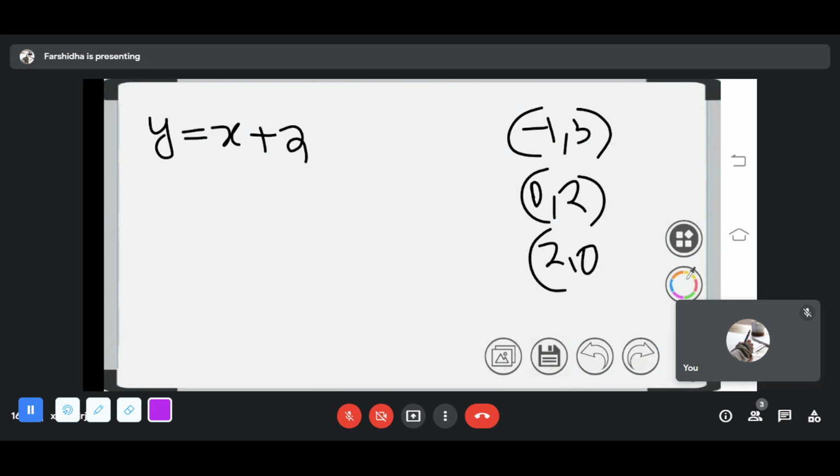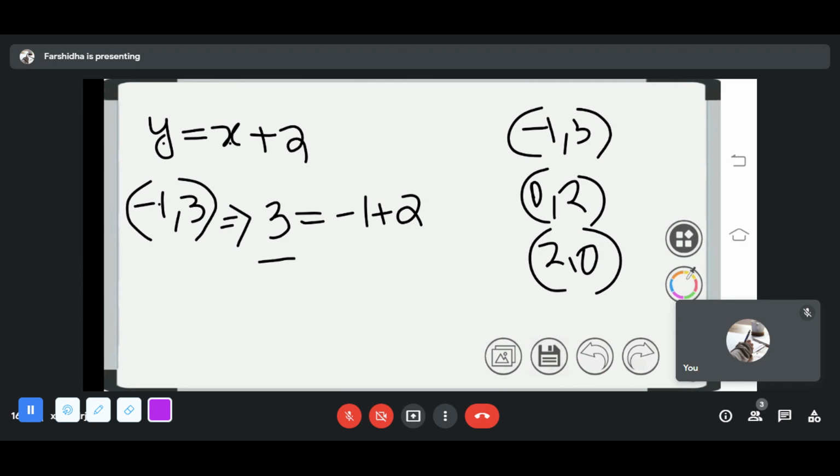First of all, minus 1 and 3. You can put x is equal to minus 1, y is equal to 3. Instead of y, I am writing 3 equal to x, which is minus 1 plus 2. Check, is it equal to 3? Minus 1 plus 2 is 1.